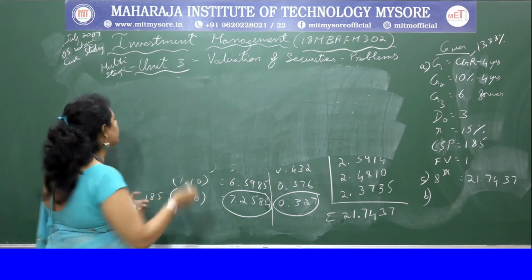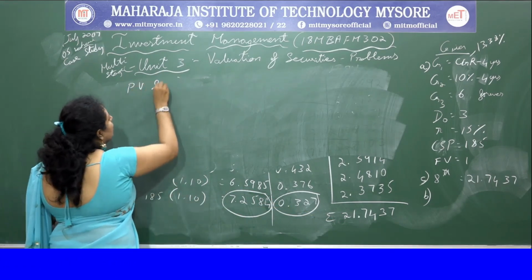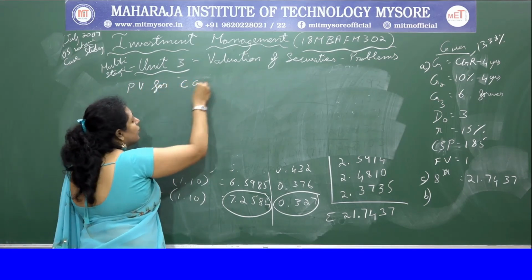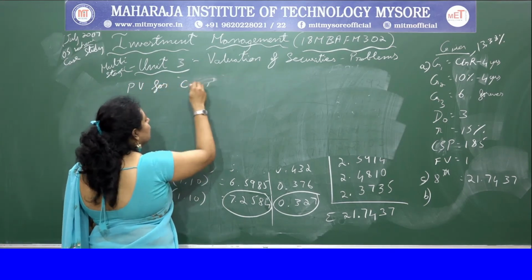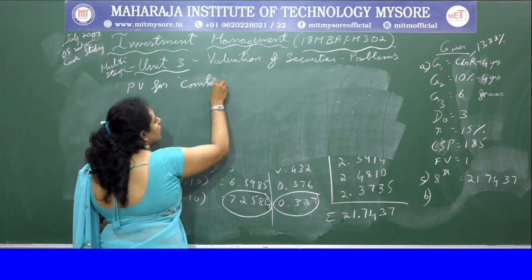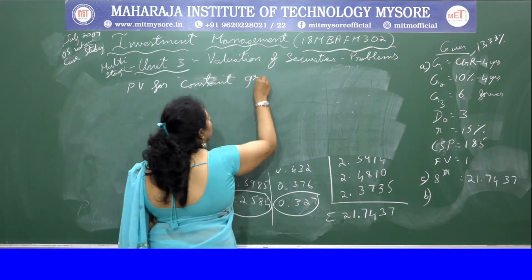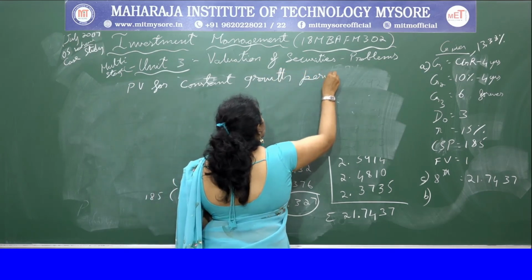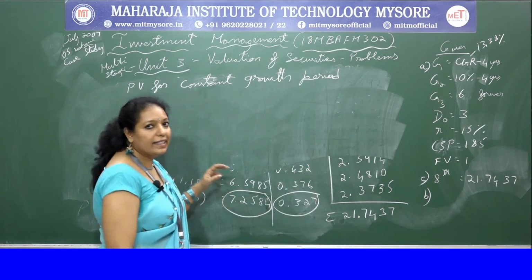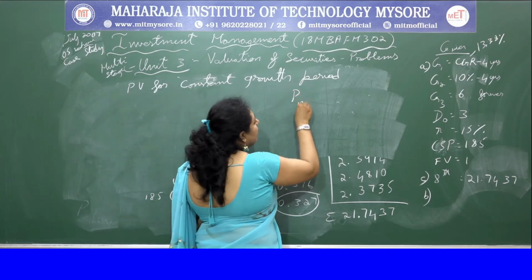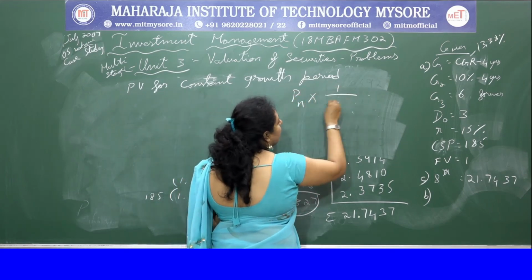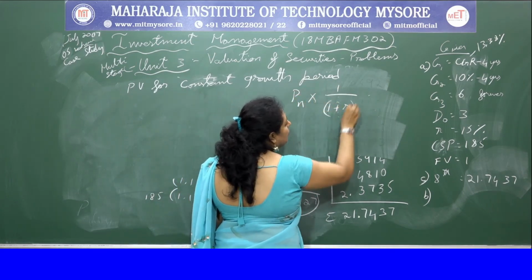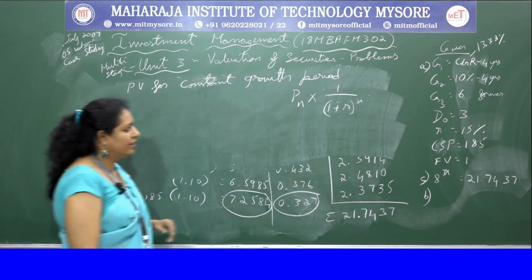So we need to calculate the present value for the constant growth period. So for calculating it, as I have said, Pn into 1 divided by 1 plus r to the power of n.